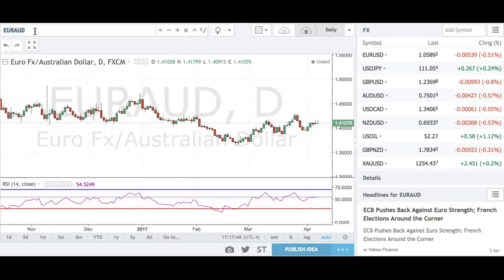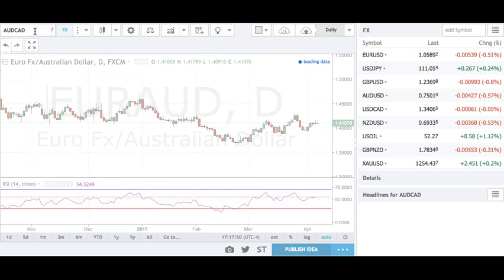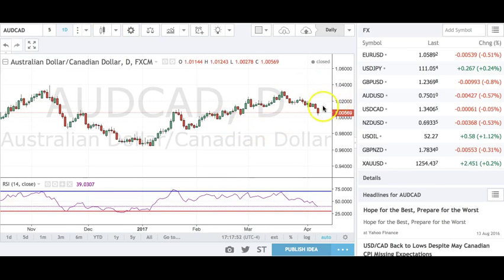Now, Aussie CAD is interesting because here is a clear negative move, which is surprising because I didn't realize how much of a downside move the Aussie CAD had here. On the other hand, I'm positive dollar CAD, and this is where it gets interesting, because you could certainly take a punt in front of the parity line on the assumption that CAD is going to get weaker and Aussie is going to get stronger, and we get a move back up.